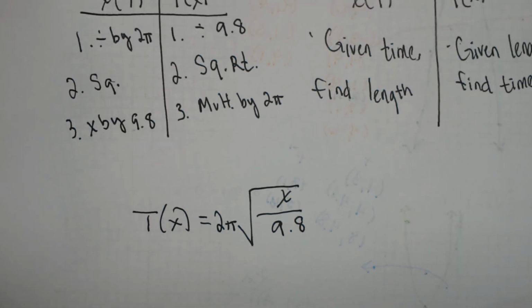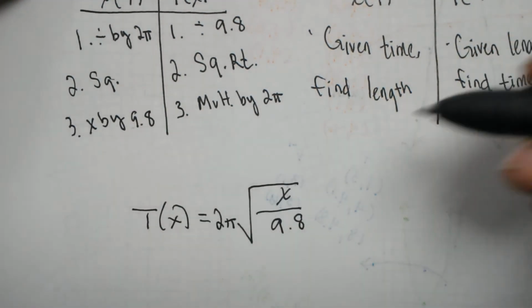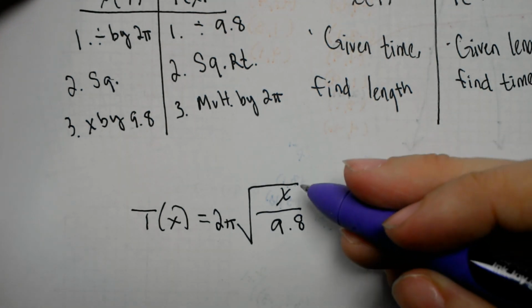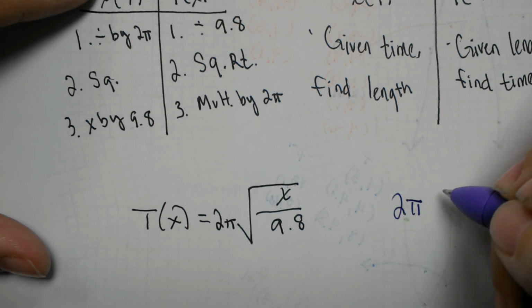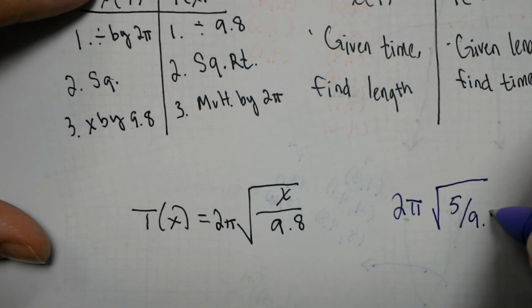The next thing in the problem says, then find the period of the pendulum with the length of 5 meters. So now it tells me length, which is x, and it asks me to find the period, which is time. So I'm going to put in 5 for x. So I'm going to say 2 pi times the square root of 5 divided by 9.8.